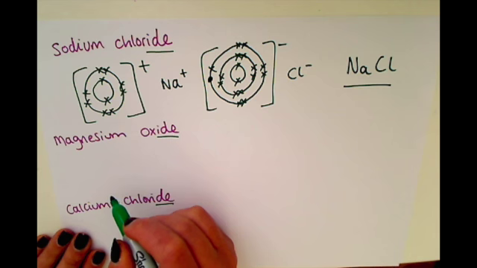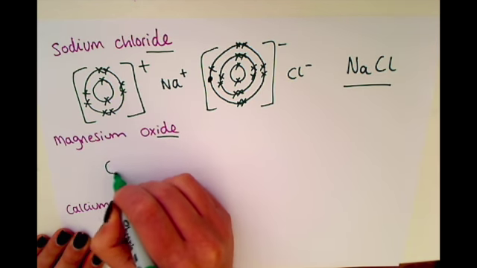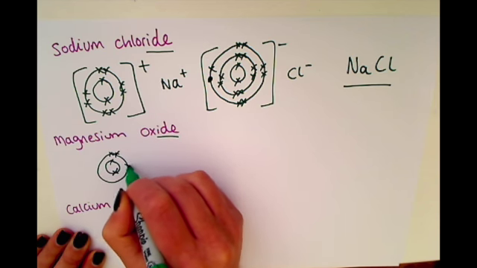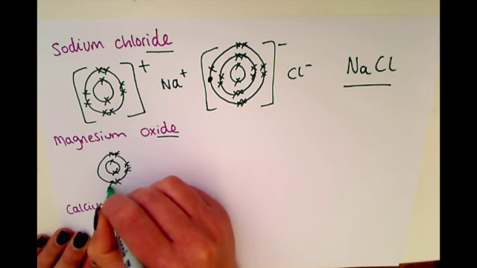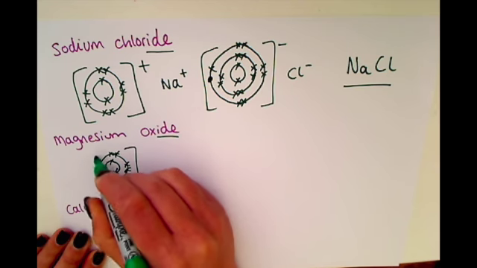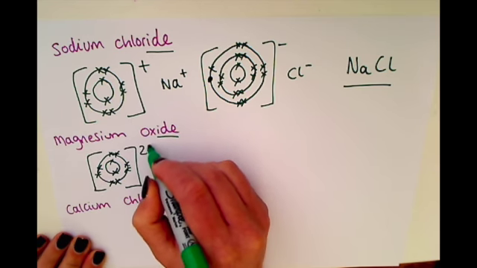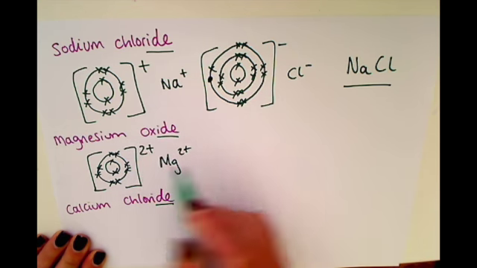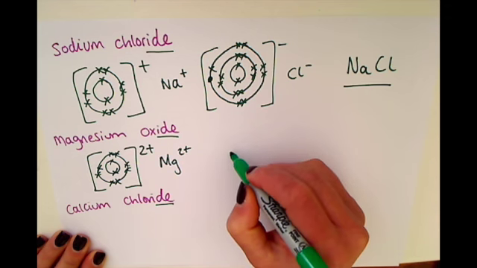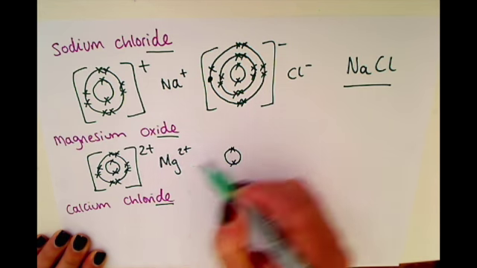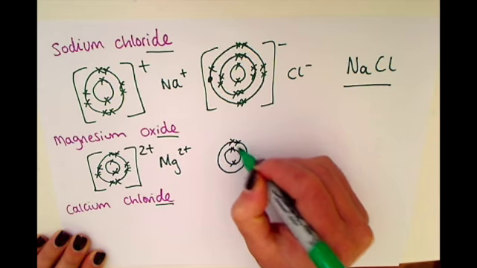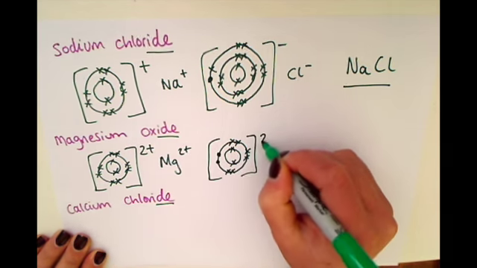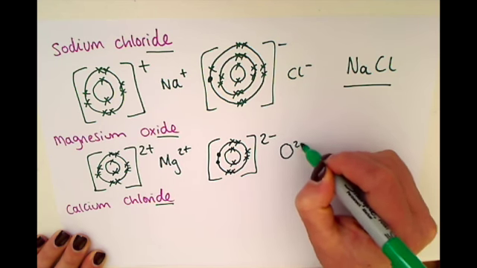So for magnesium, you would have 2 electrons in the middle, eight on the outside, but because you've lost 2, you become a 2+ ion, which would be Mg2+, and in this case you're bonding to oxygen, which would have gained the 2 electrons that you've lost, and become a 2- ion, which we'd write as O2-.